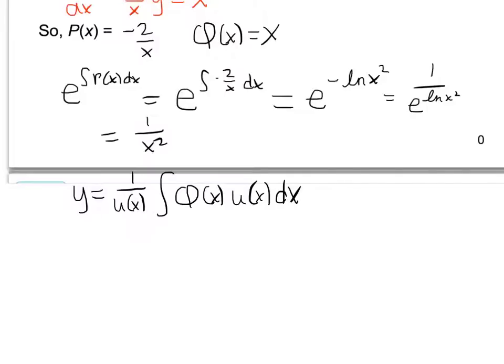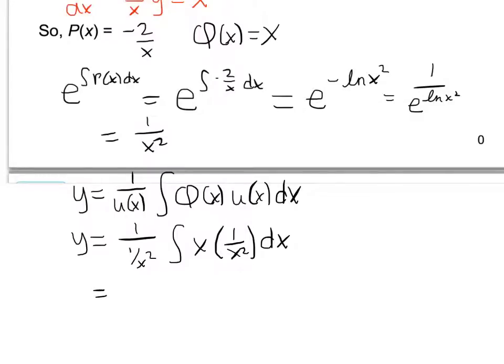So if I plug in everything I know, I have y equals 1 divided by 1 over x squared times the integral, we said q(x) was equal to x, and u(x) again was equal to 1 divided by x squared, times dx.